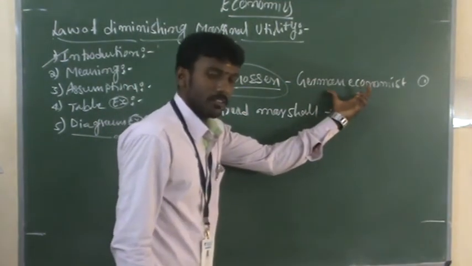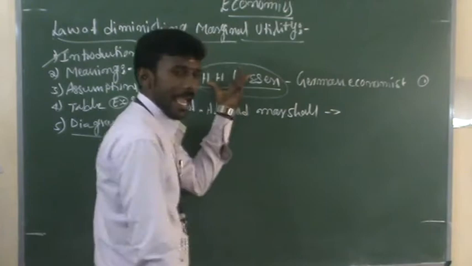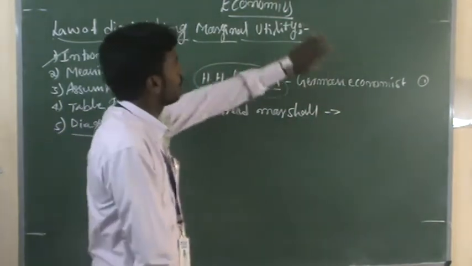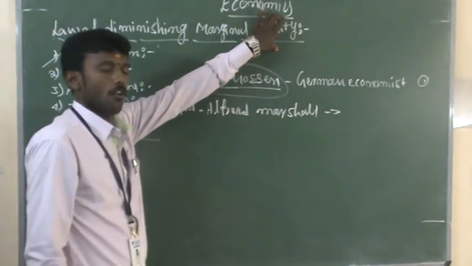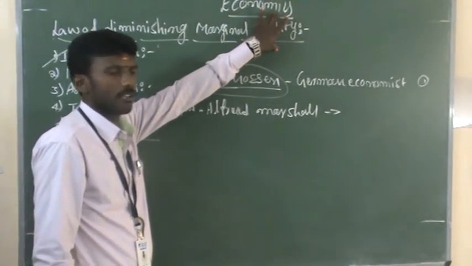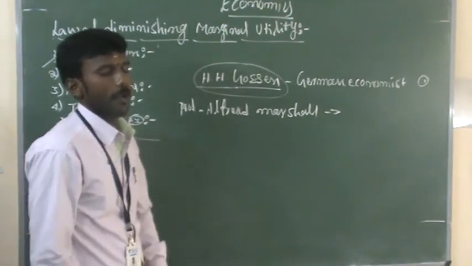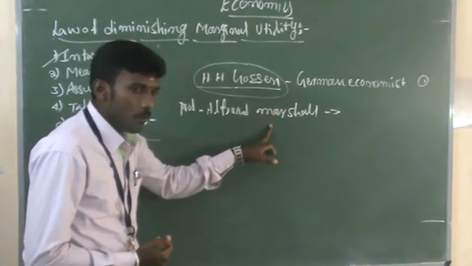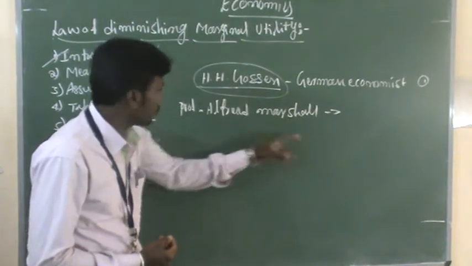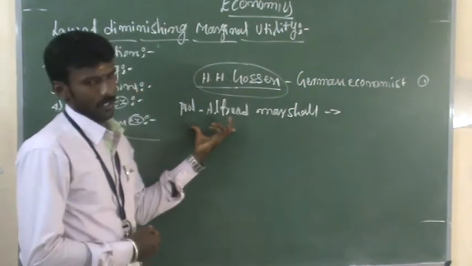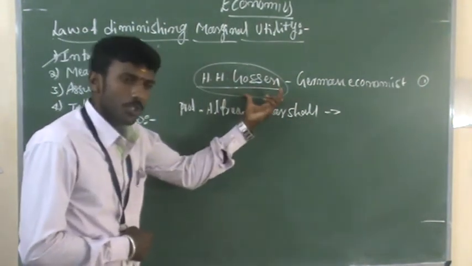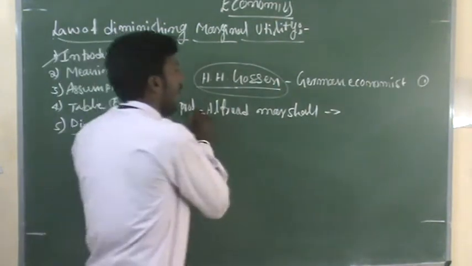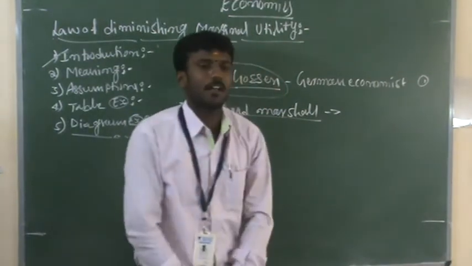ಜರ್ಮನಿಯ ಅರ್ಥಶಾಸ್ತ್ರಜ್ಞ ಆಗಿರತಕ್ಕಂತ H.H. Gossen ಅಂತಕ್ಕಂಥವನು ಮೊಟ್ಟ ಮೊದಲ ಬಾರಿಗೆ ಈ ಒಂದು LDMU, ಲಾ ಆಫ್ ಡಿಮಿನಿಷಿಂಗ್ ಮಾರ್ಜಿನಲ್ ಯುಟಿಲಿಟಿ ಅಂತ ಕರೀತೀವಲ್ವಾ, ಇದನ್ನ ಎಕ್ಸ್ಪ್ಲೇನ್ ಮಾಡಿದ್ದಾರೆ. But later, its popular credit goes to Alfred Marshall. ಆದ್ರೆ ಇದನ್ನ ಜನಪ್ರಿಯಗೊಳಿಸಿದ್ದು ಡೆವಲಪ್ ಮಾಡಿದ್ದು ಅದರ ಕೀರ್ತಿ ಯಾರಪ್ಪ ಸಿಗುತ್ತೆ ಅಂತಂದ್ರೆ ಪ್ರೊಫೆಸರ್ Alfred Marshall.